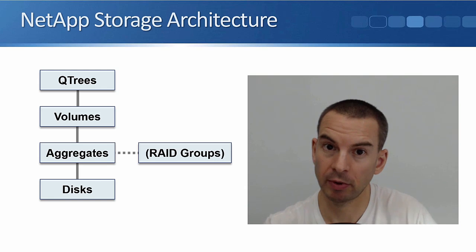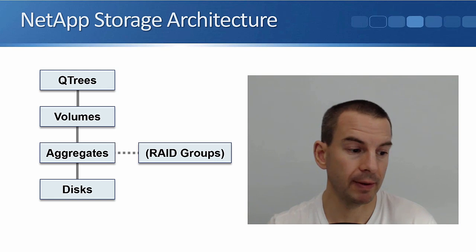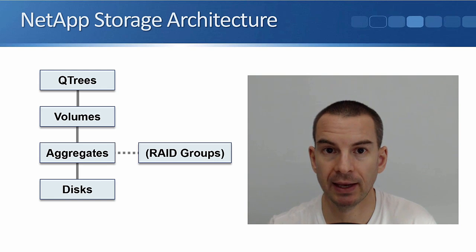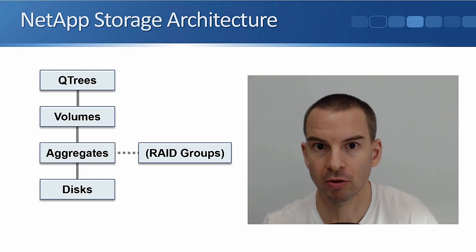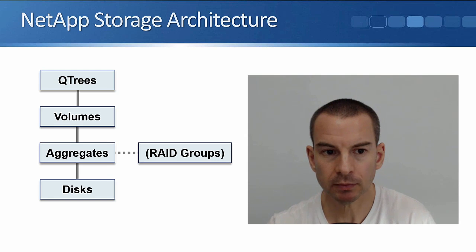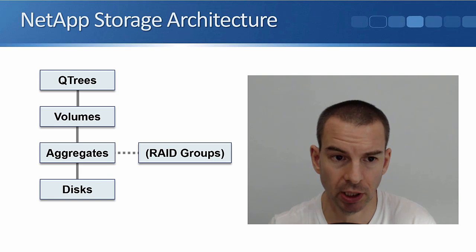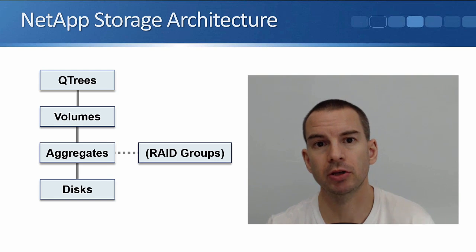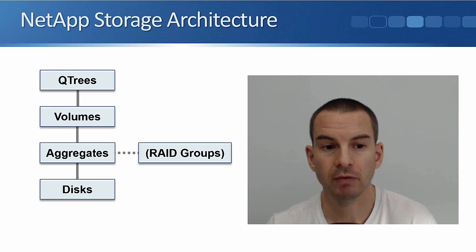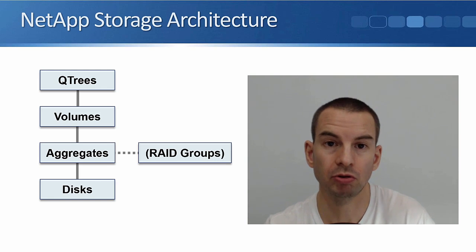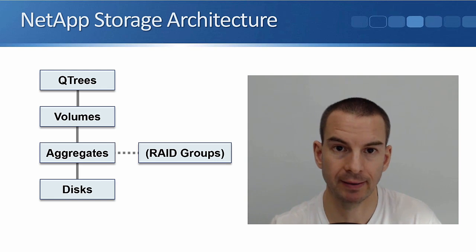When I talked about volumes, I said that you could share a volume and then a Windows host could map a drive to that volume, or a Linux host could map to it as well. If you configure a Qtree, your Qtree goes in your volume and your Qtree will show up to your clients as a directory in that volume. They could also map directly to the Qtree as well if you wanted to share that.